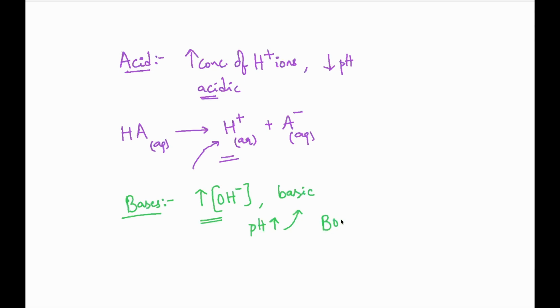Again, a general example would be BOH, which dissociates into B+ plus OH- ions. Again, this is in an aqueous solution. So it is these hydroxyl ions that are released that will increase the pH of the solution.